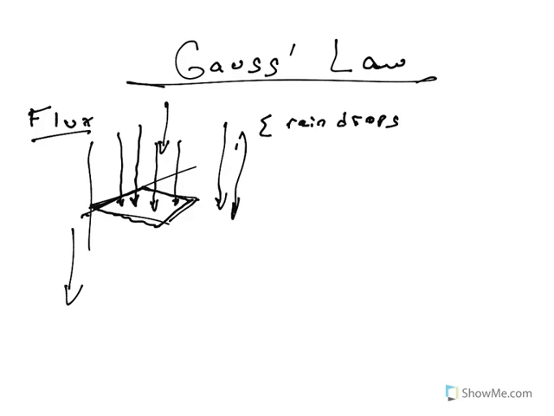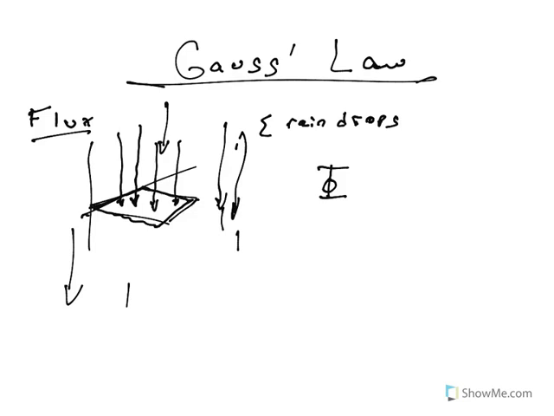So the flux, and the symbol for flux, I'll write it like this, is going to be kind of like a sum. You're going to be adding up a bunch of terms, and what you're adding up is how much of this stuff is going through that particular region. You don't want any of the other stuff. So all of these other raindrops that are coming over here, they don't count.